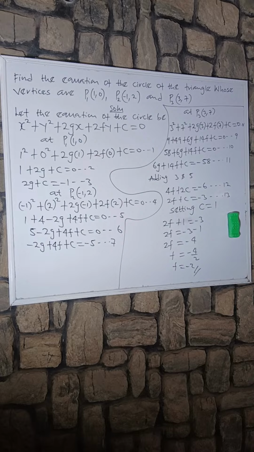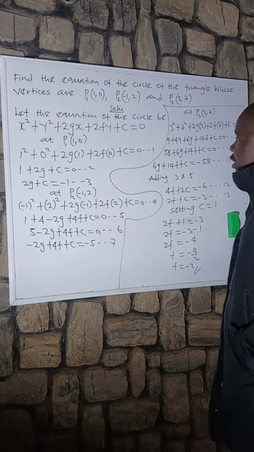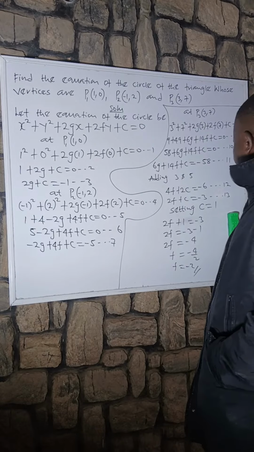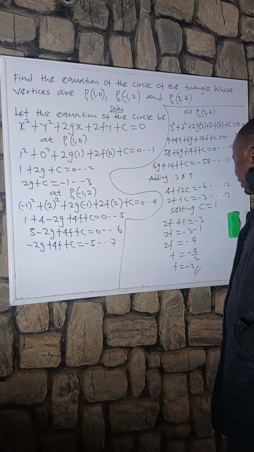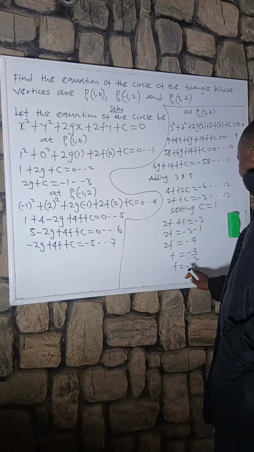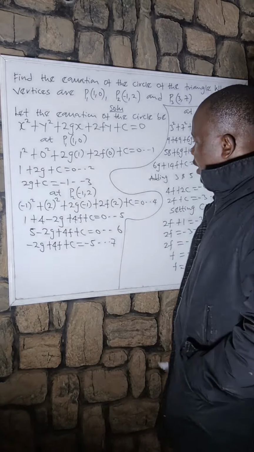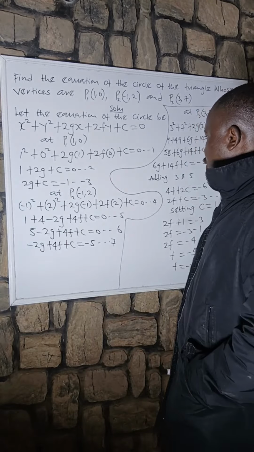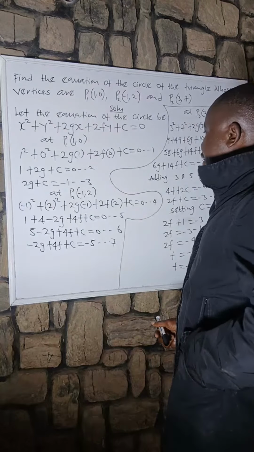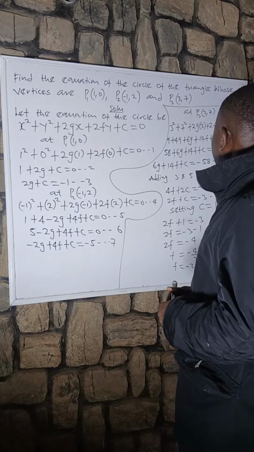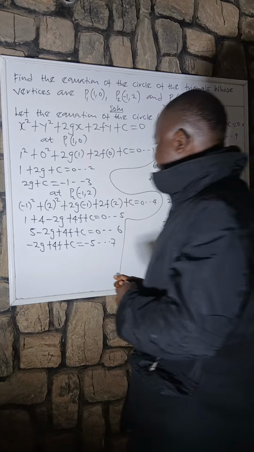Okay, so let's proceed further. We've gotten our c as 1, then f as minus 2. So let's find our g. From equation 3, we can obtain our g without stressing yourself.